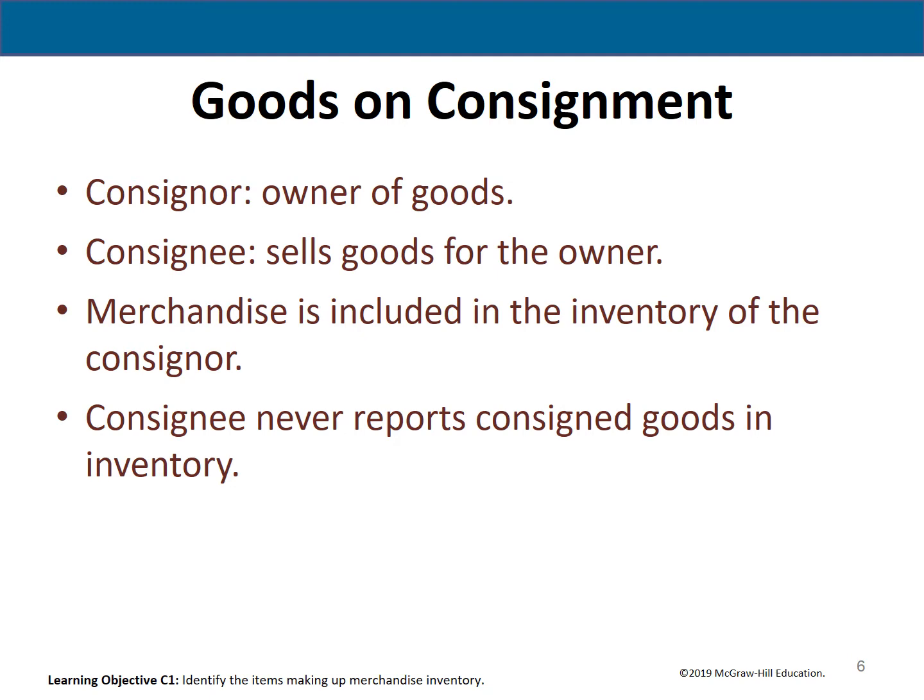Companies will do that with other companies. So if a consignor puts inventory of their own at another company, they still own that inventory. The consignee doesn't own it. They're just putting the consignor's inventory on display for them. I hope that made sense.